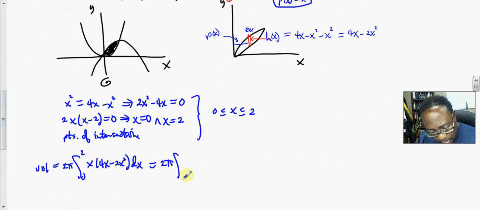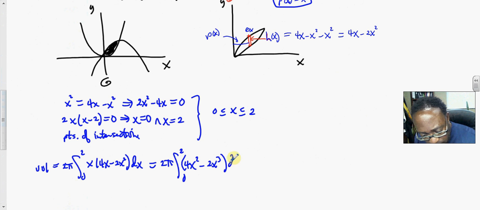This is 2 pi times the integral from 0 to 2 of 4x squared minus 2x to the third dx. So now we can integrate.